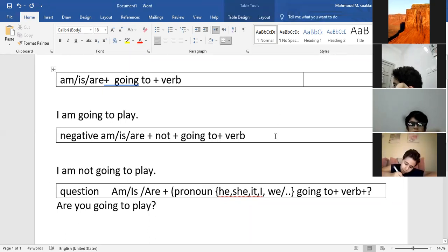Now we go, excuse me, students, you don't need to write. Everything is written in your booklet. You don't need to write.